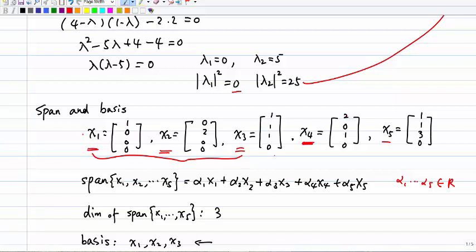So x4 is what? The second entry is 0, and the last entry is 1. Let's do it over here. I need to keep the last one to make sure they match, because there are no other entries in x1 and x2 that can match it.